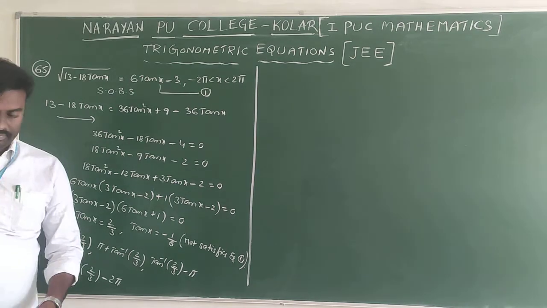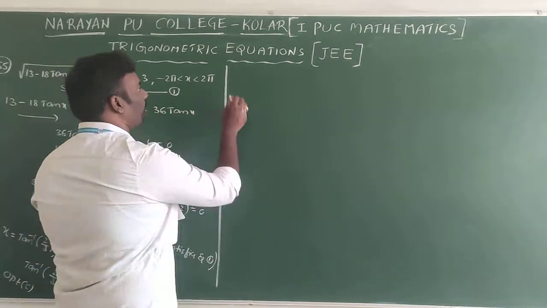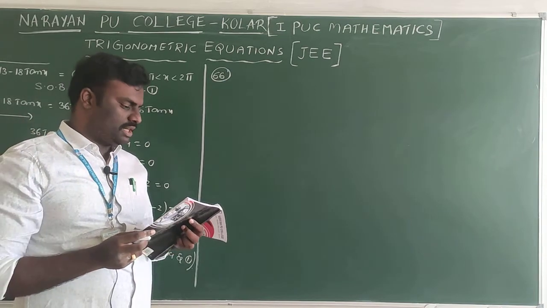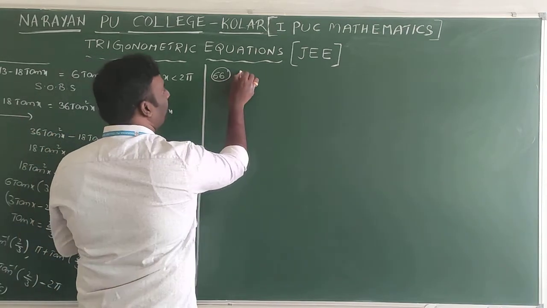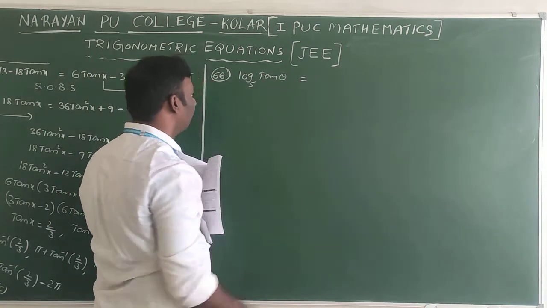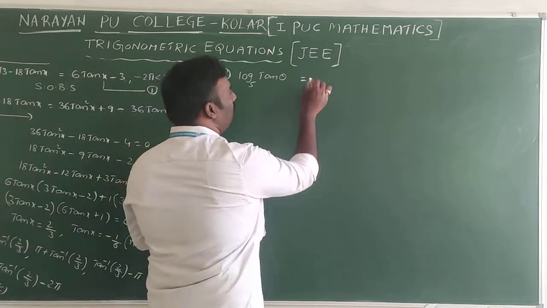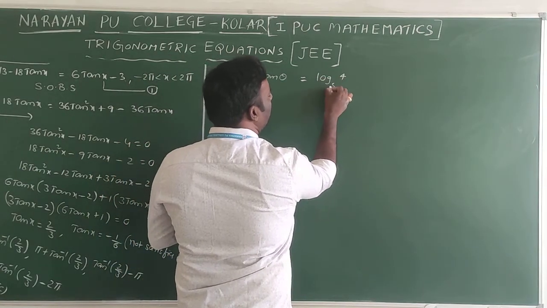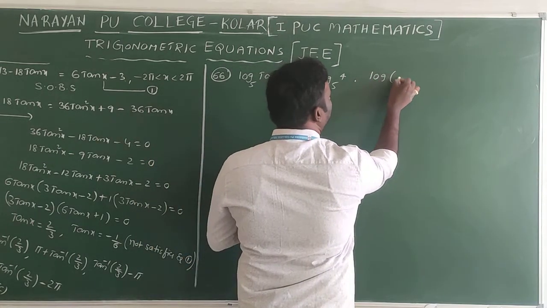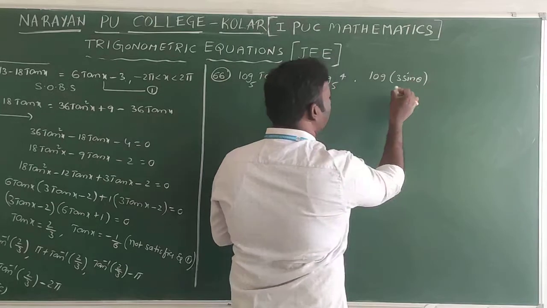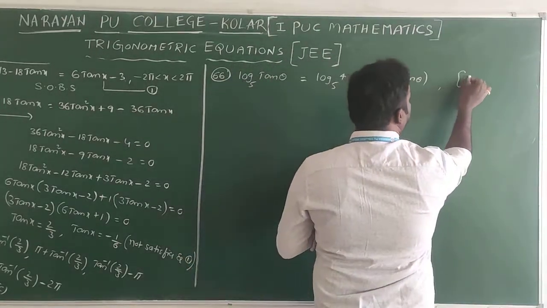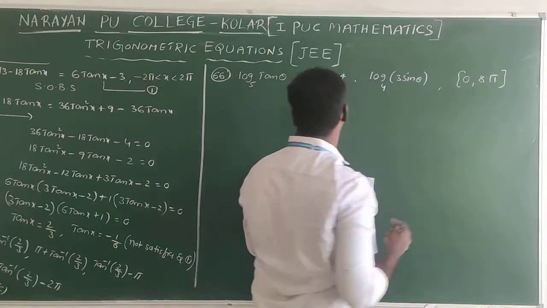Next, 66. The number of solutions of the equation log tan theta base 5 is equal to log 4 base 5 into log 3 sin theta base 4 in the given interval 0 to 8 pi.